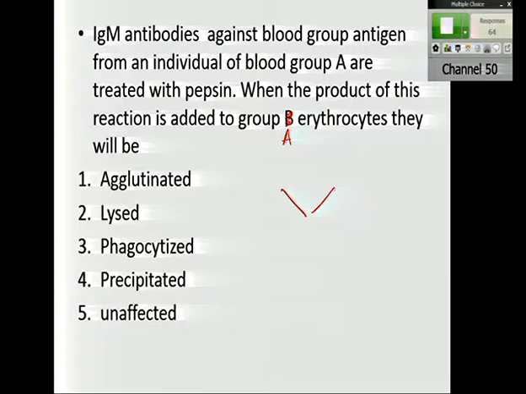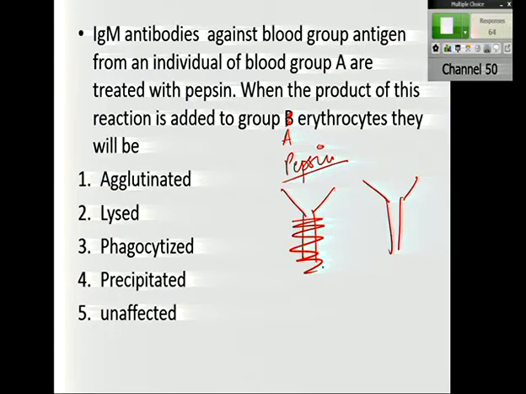Okay, so you have an immunoglobulin like this. When you add pepsin, this goes. Okay, when you add papain, you have like this, and like this. Which one can still bind to the antigen? The pepsin digested one can still bind to the antigen. So the agglutination can still take place.